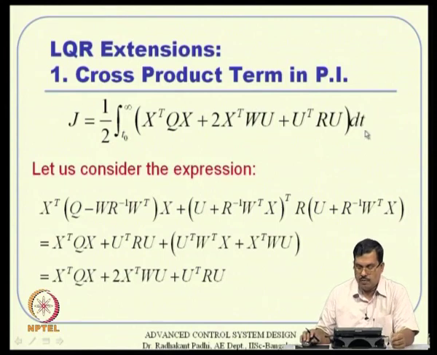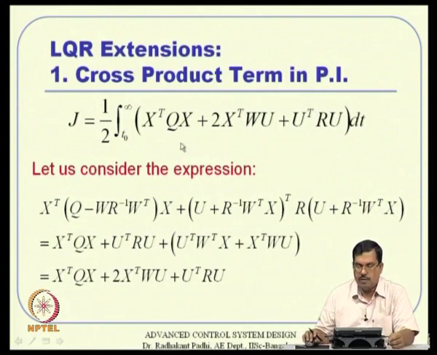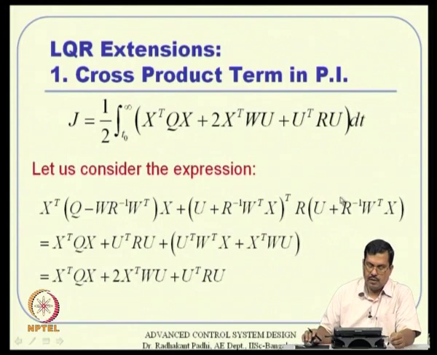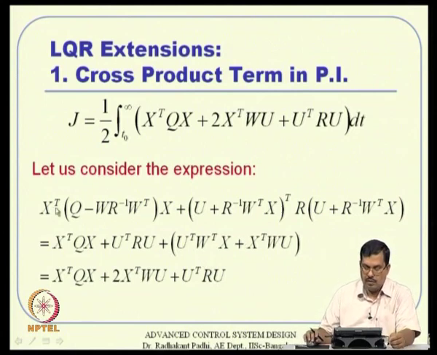Okay. So, to proceed with that philosophy, what we do here is we take this quadratic expression, and we want to visualize it as some other form of quadratic expression. Now, it turns out that if you consider this expression, this is a little complicated longhand expression. Nevertheless, if you try to simplify this, transpose, multiply and cancel out corresponding terms, then this term is the same as this term, what you see here.